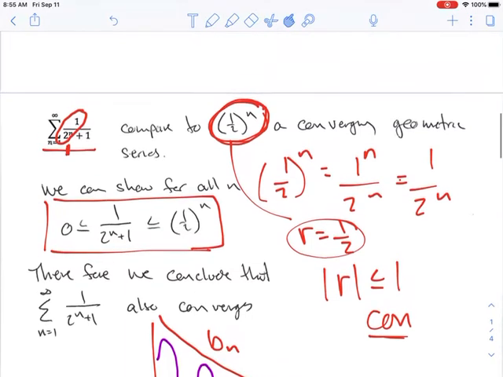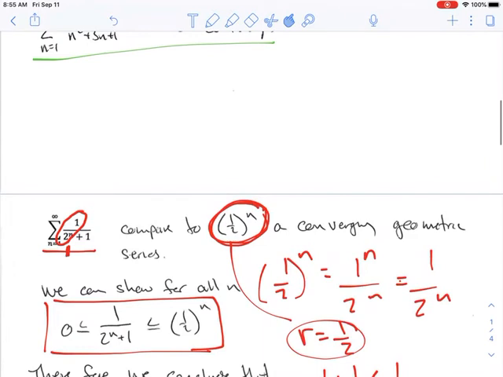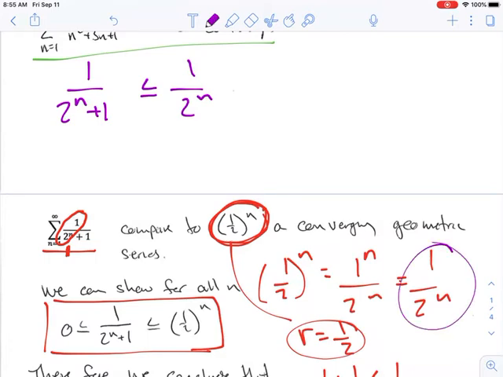I can do that up here. I had a little bit of space. So we can say, okay, well, 1 over 2 to the n plus 1 has to be less than or equal to 1 over 2 to the n. Cross multiplying, I have 2 to the n is less than or equal to 2 to the n plus 1. Well, that is clearly true.